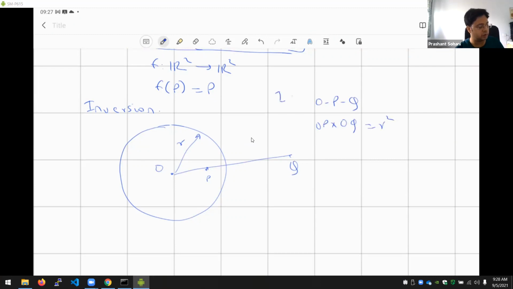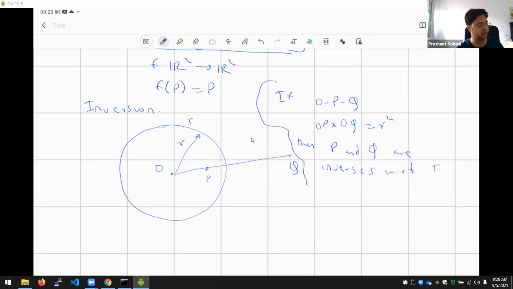Then we say that Q is the inverse of P with respect to the circle gamma, and you can easily see that if Q is the inverse of P, then P is also the inverse of Q.